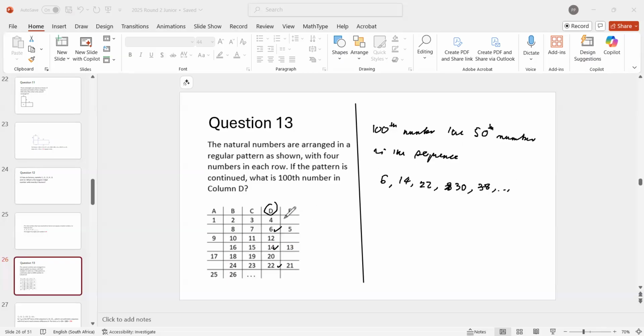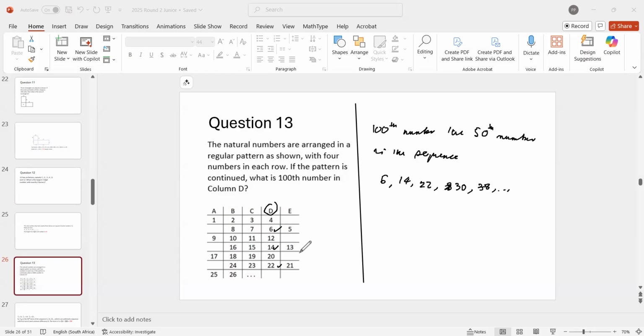Why 50th? Because you can see the second row has got 60, the fourth row has got 14, and the sixth row has got 22.